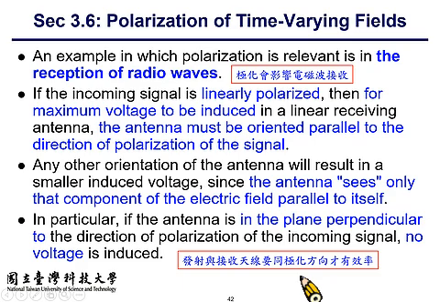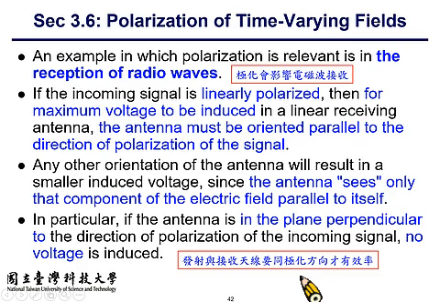If the polarization of the 2 linear antennas does not match, then it depends on the amount of projection to determine how much you can receive. So if the receiving antenna is slanted by 45 degrees, then you get half of the incoming power.